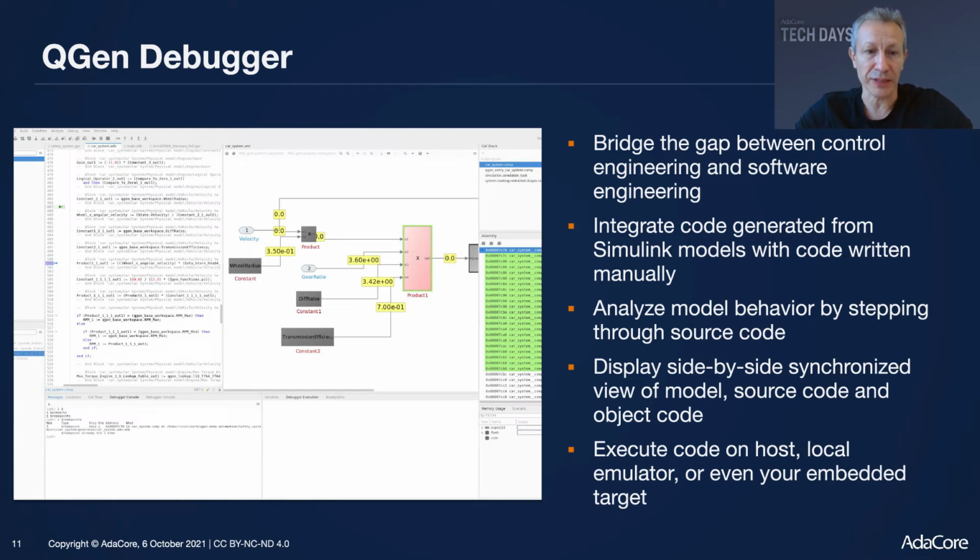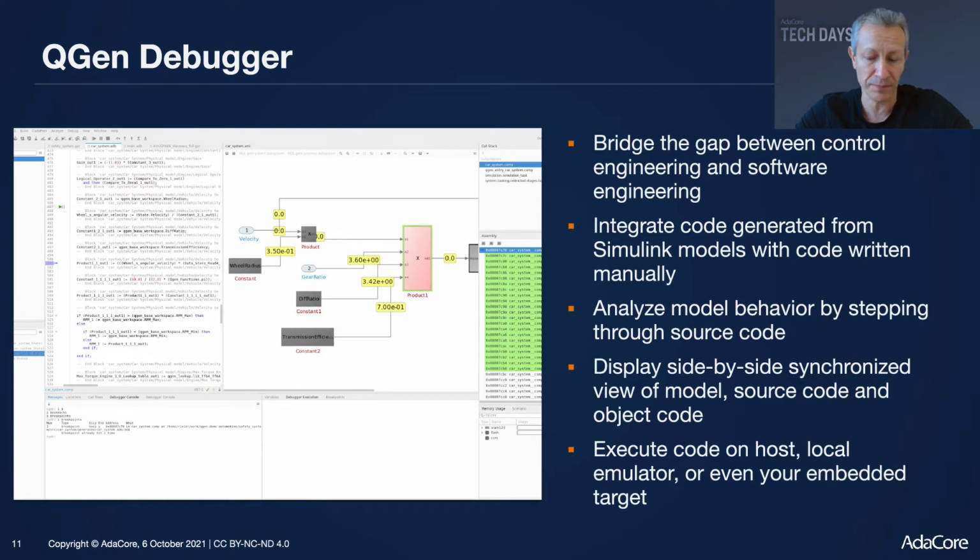To the left, you see the code that corresponds to this piece of the model, so that you can see what it corresponds to in terms of code. And if you want, on the right side, you can see the object code if you're interested in how things are going at the very low level.